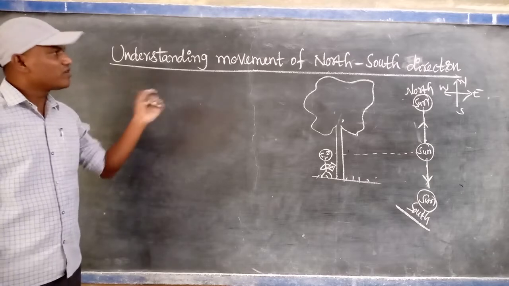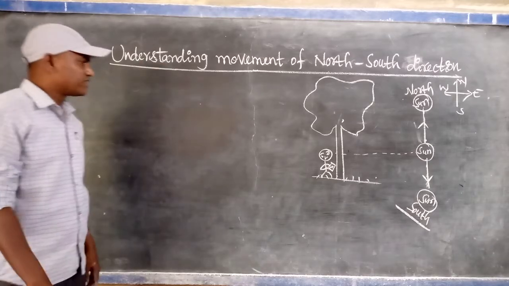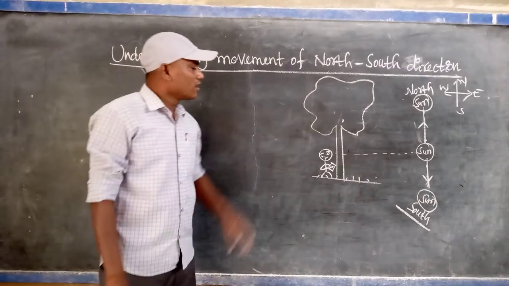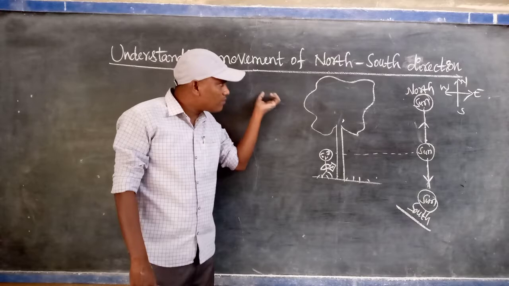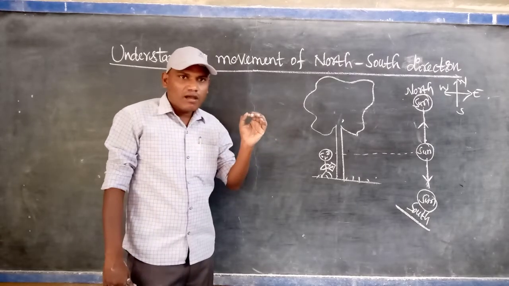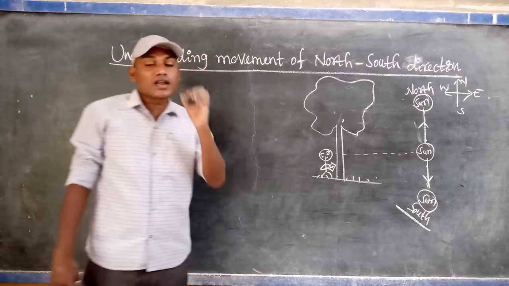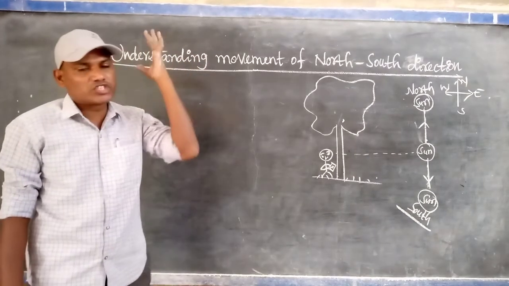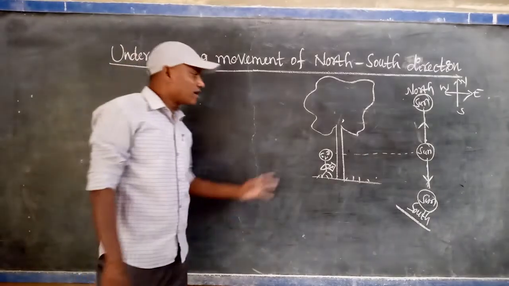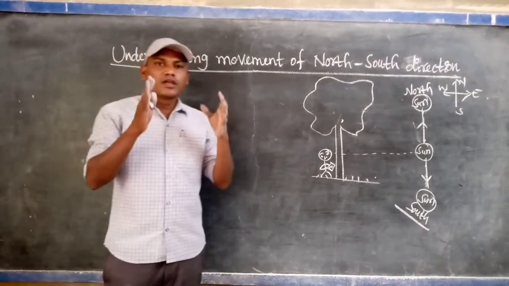Understanding movement of north-south direction. Here we are observing that mainly with the help of this concept, finally we understand or conclude that Earth is in motion. That is simply it. But listen very carefully. So how can we prove that?